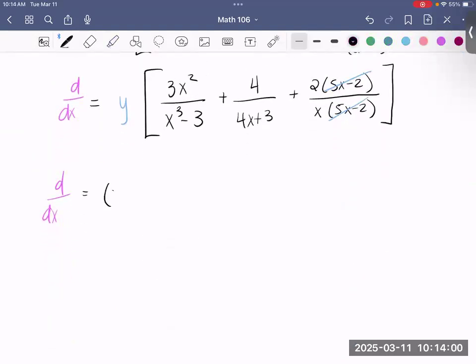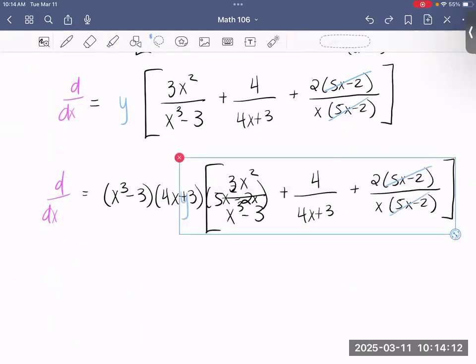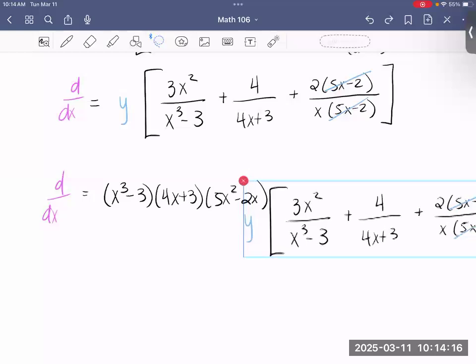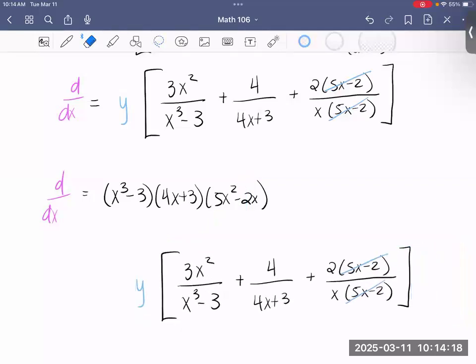So we have x cubed minus 3, 4x plus 3, and 5x squared minus 2x times that whole thing.